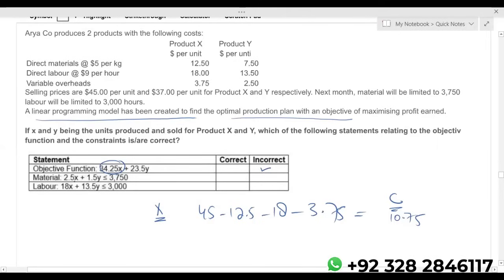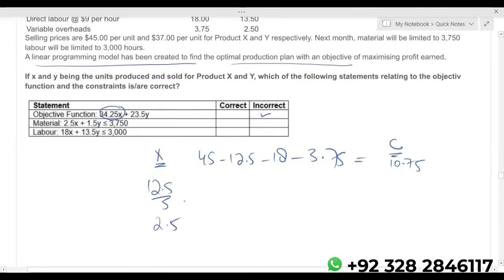Material inequality is 2.5X, 1.5Y, and this. Let's see. 1 kg of material costs $5, and it is 12.5, it is 7.5. Let's see the material requirement in product X. 12.5 divided by 5, I'm getting 2.5.